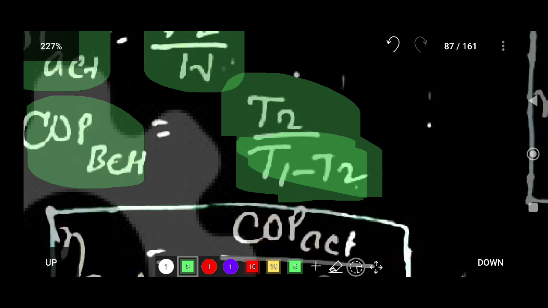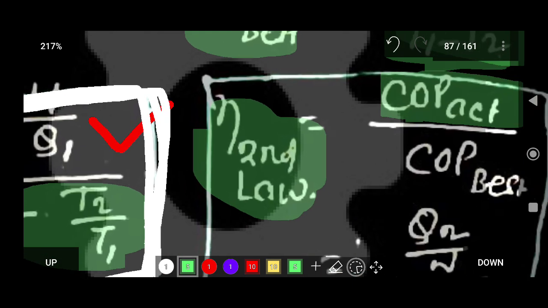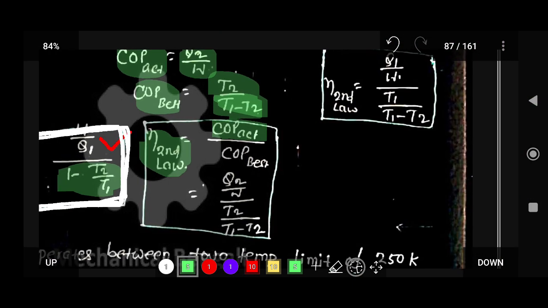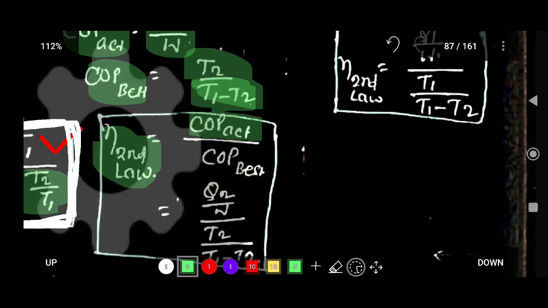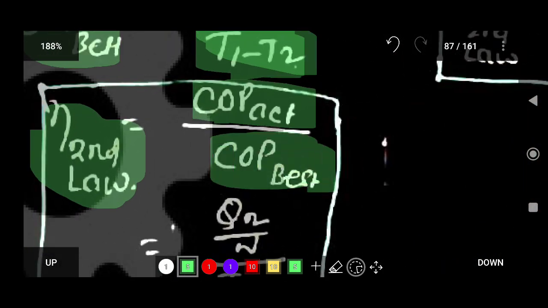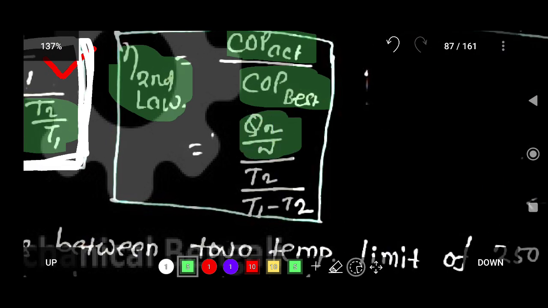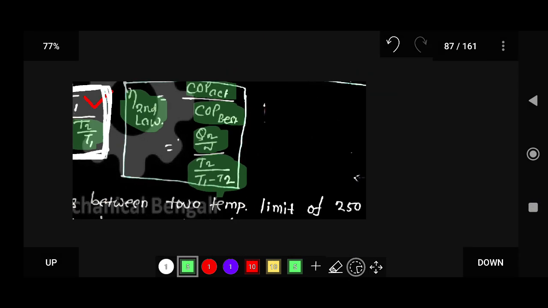Now the second law efficiency is equal to COP actual by COP best. COP actual is equal to Q2 by W, and COP best is T2 by T1 minus T2.